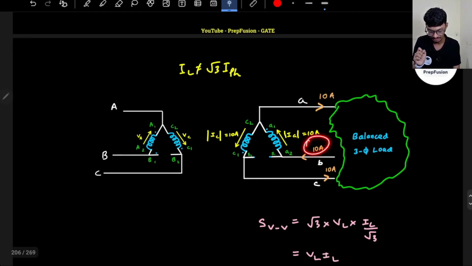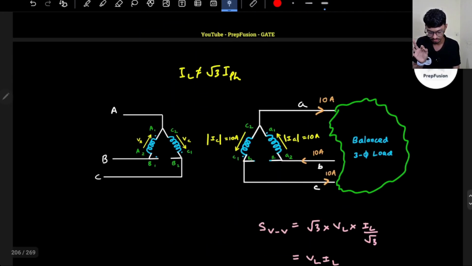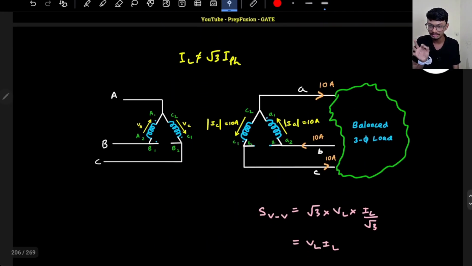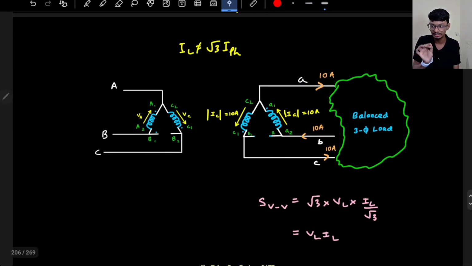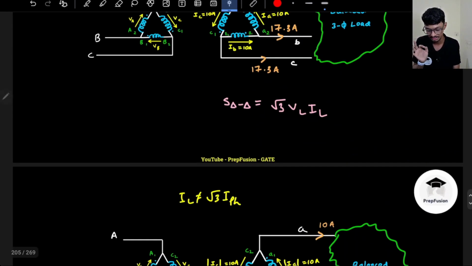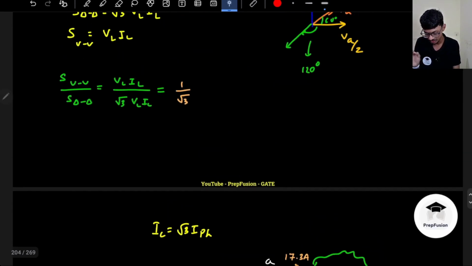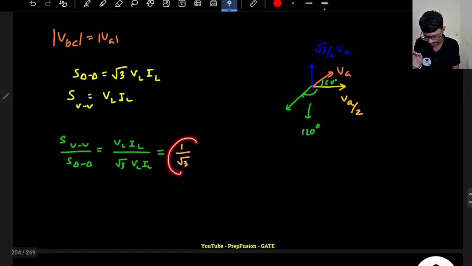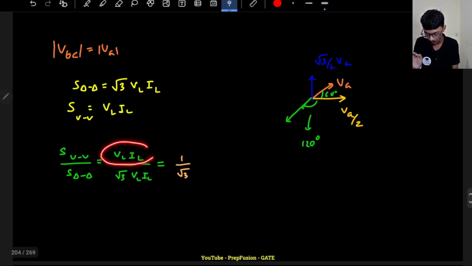So this is IL by root 3, 17.32 by root 3. So ultimately the three phase power in open delta connection for a balanced load becomes VL into IL. It is not root 3 into VL into IL. So that's why I have written that in open delta connection the power is VL into IL, and in delta-delta normal operation it is root 3 VL into IL.